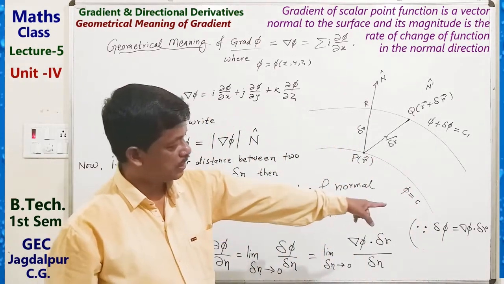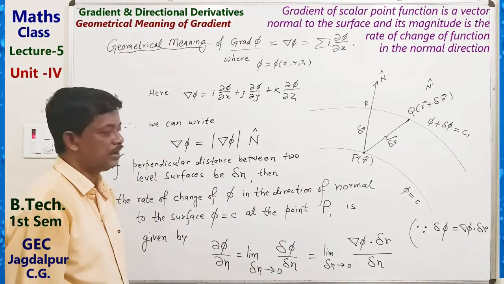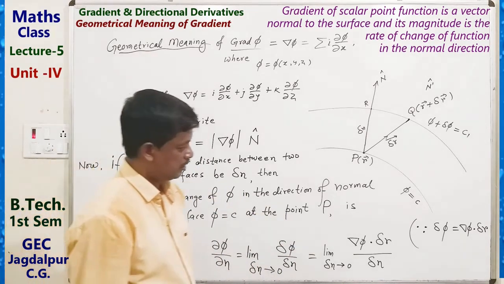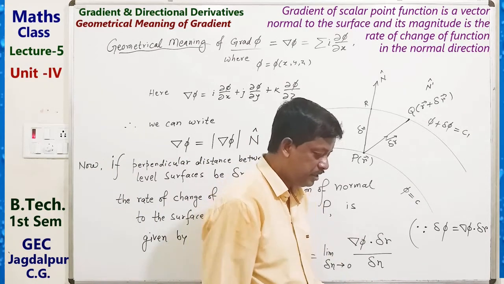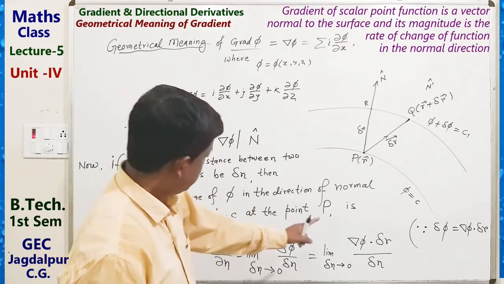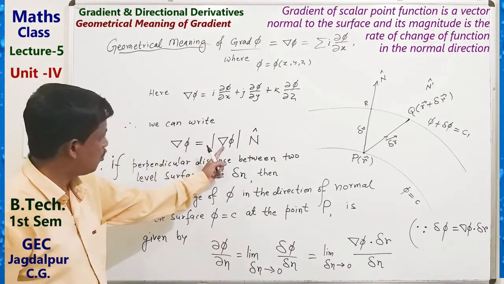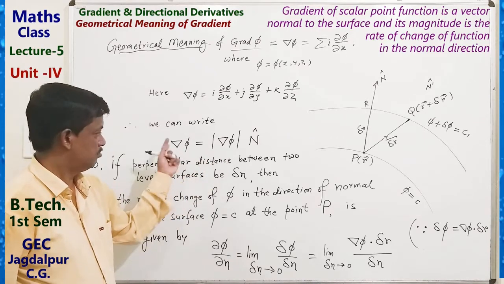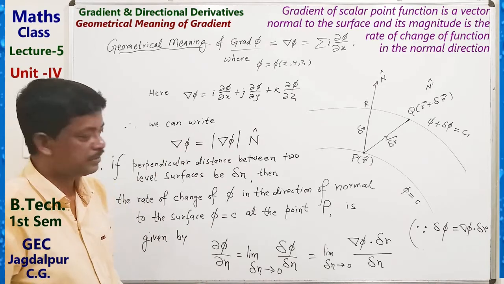Clear? Now from here we can say that del phi equals mod del phi, the magnitude, times n cap. So we can use this here.